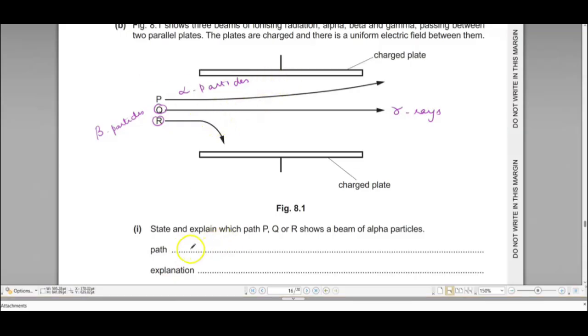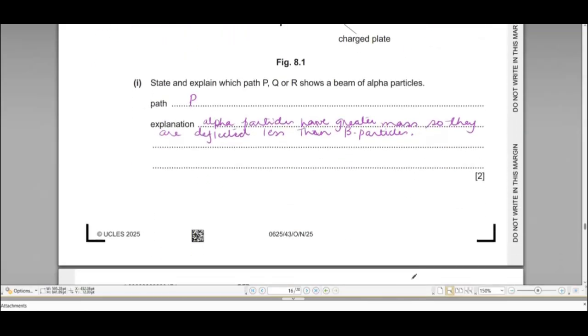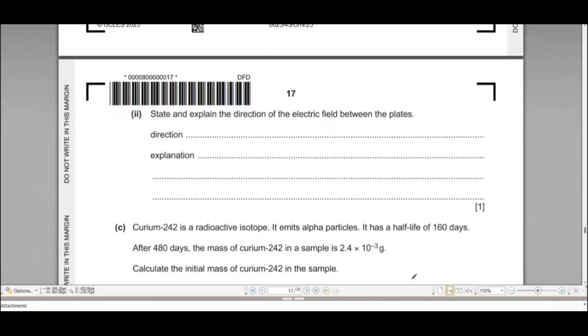Okay, so the path of alpha particles would be P, and the explanation would be that alpha particles moving forward.